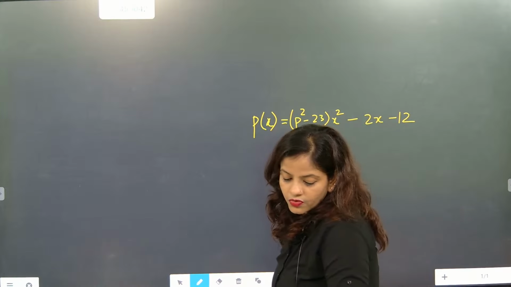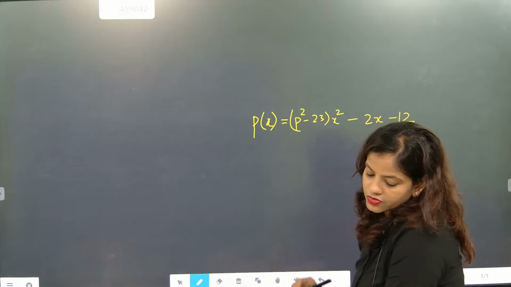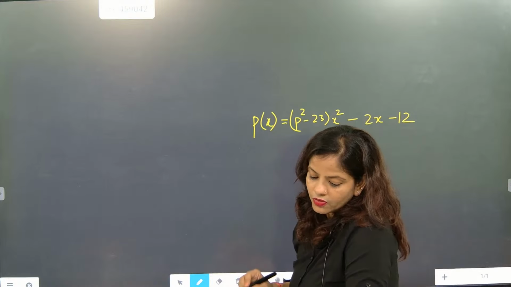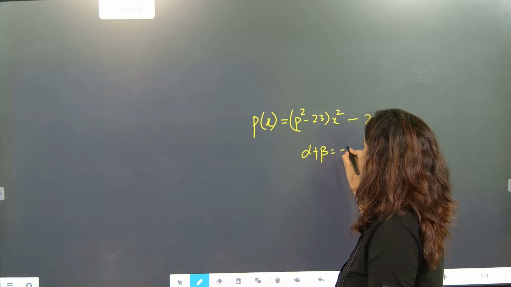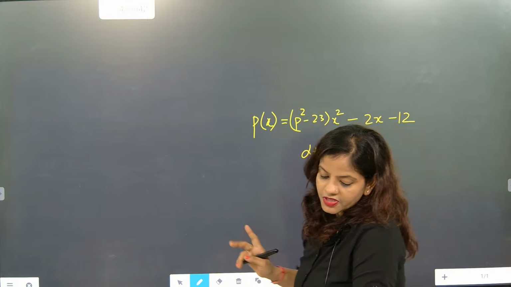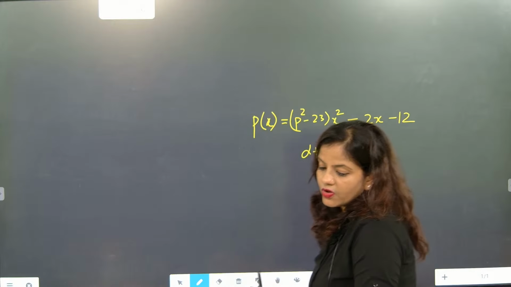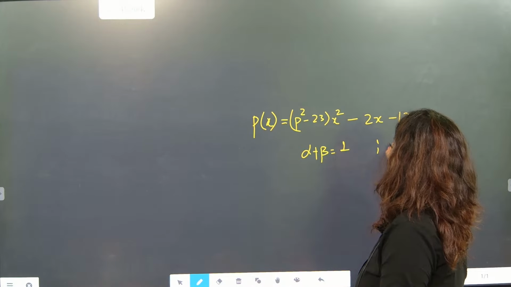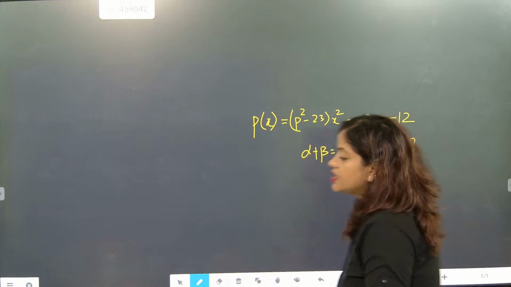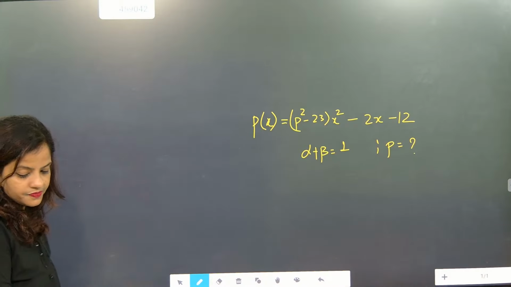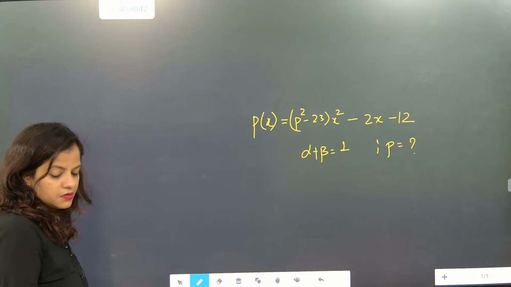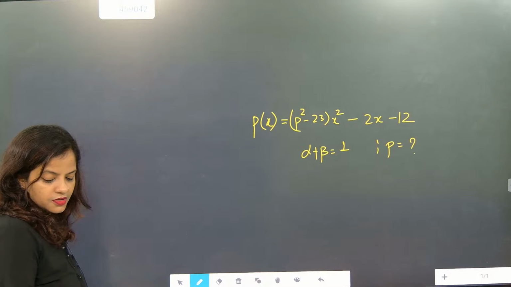Now you need to find the value of p if the sum of the zeros of the polynomial, that means alpha plus beta, is equal to 1 as given. Then what will be the value of p? Specifically solve this question for 3 marks. Okay, try this question.